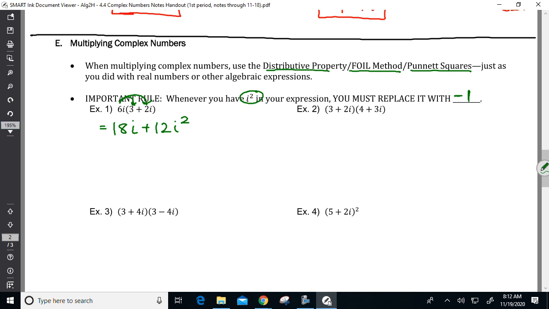But i squared came into the problem, so replace it with -1. So you get 18i minus 12.